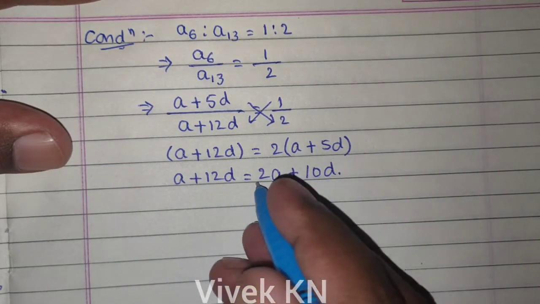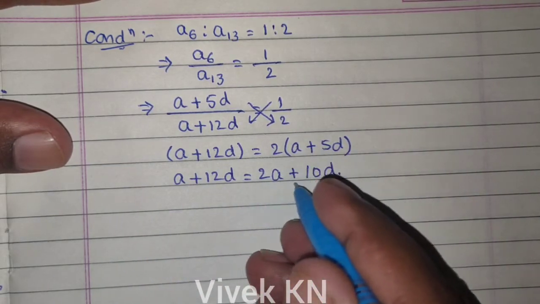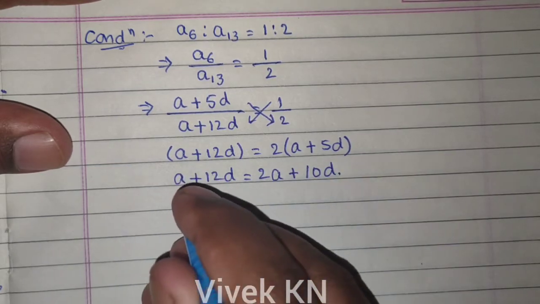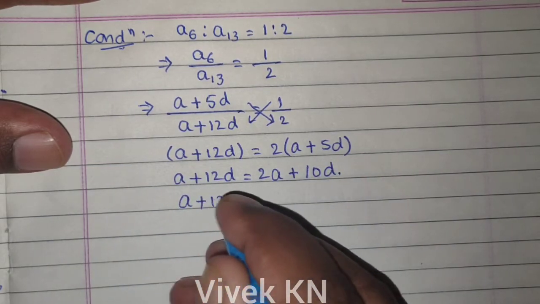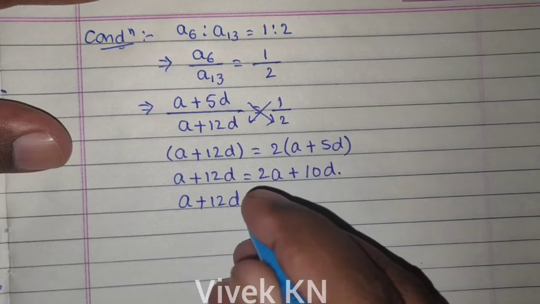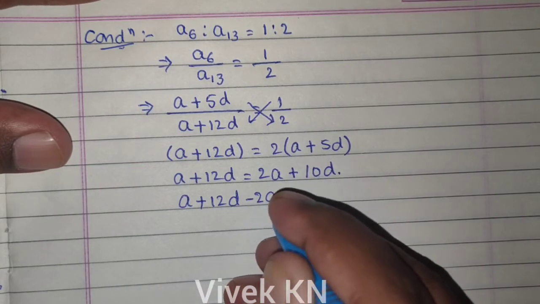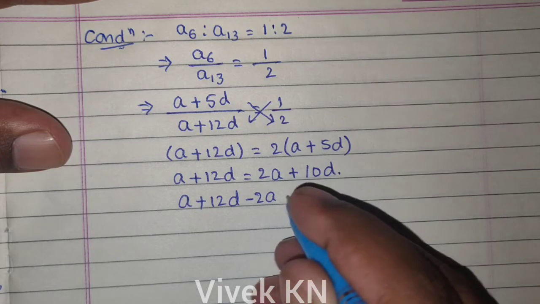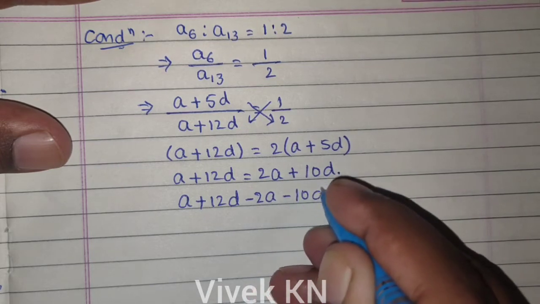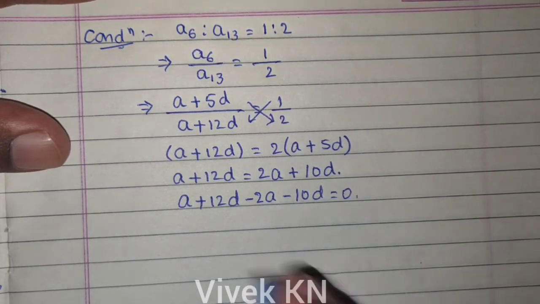Now let us shift all the terms of the RHS to the LHS. We get a plus 12d, plus 2a becomes minus 2a, and plus 10d becomes minus 10d, which is equal to 0.